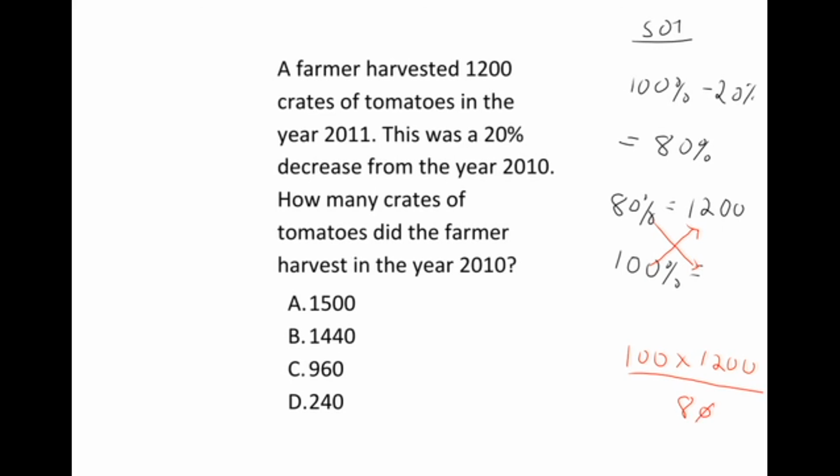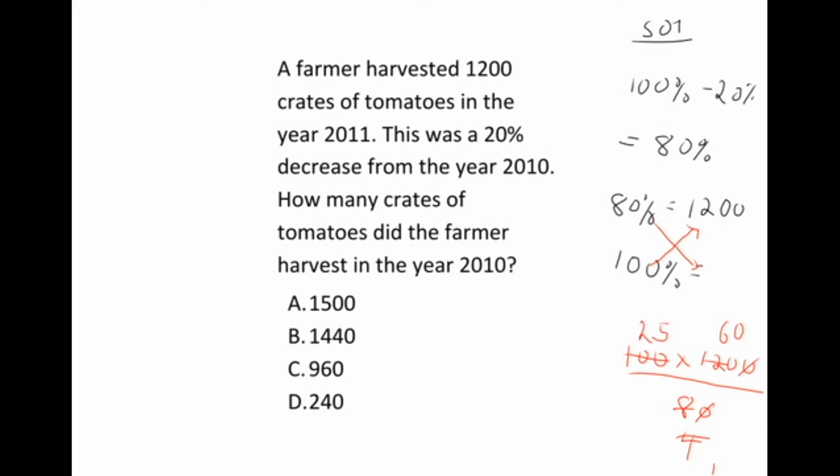This 0 will cancel with this 0. Then, we can divide by 2, 4. By 2, 6. Then, remember to bring this 0 there. Then, 4 divided by 4, 1. 100 divided by 4, 25.